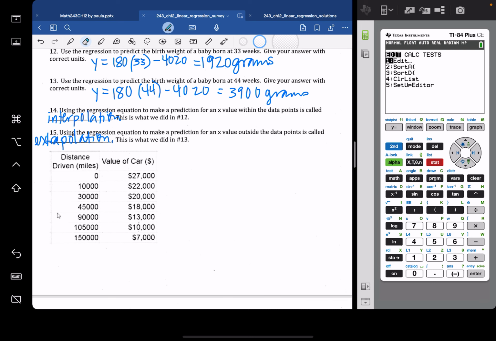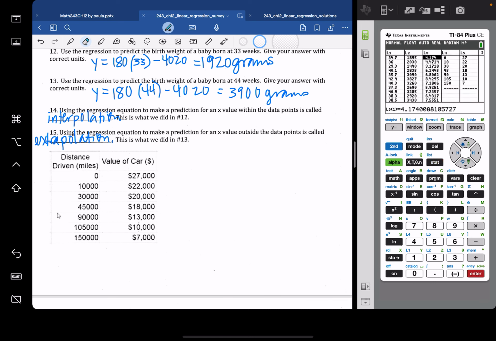If we go into Stat Edit, I have put this data into L4 and L5. So I'll just make a note of that, L4 and L5. And I wanted to do this example because it's going to have a trend line that's going down.